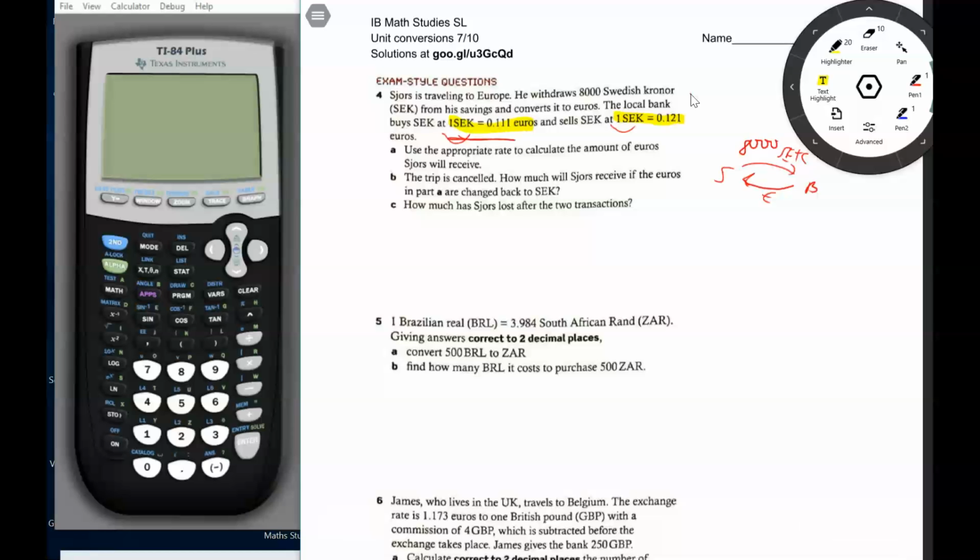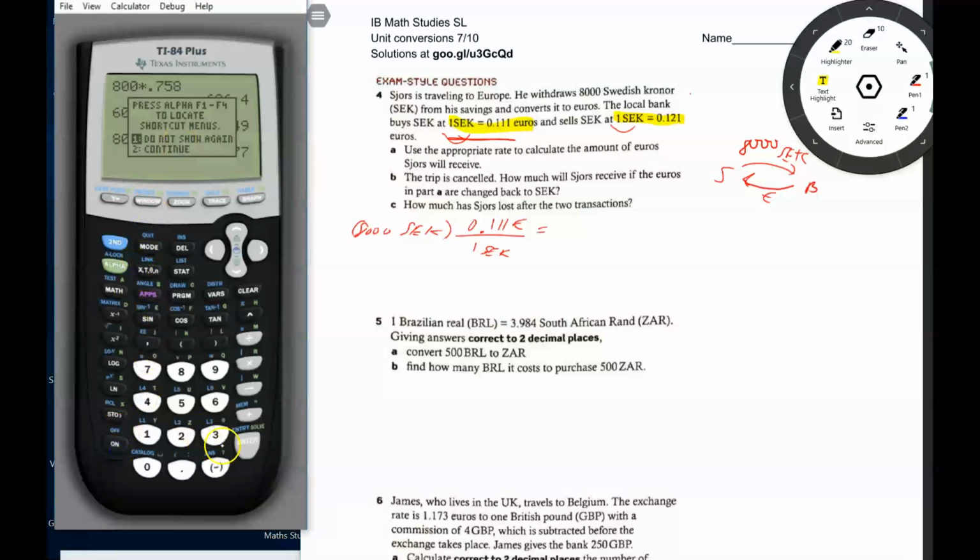So we're going to start with 8,000 SEK. And we're going to multiply that times the domino, which is going to be 1 SEK on the denominator, and 0.111 euros in the numerator. And then let's turn on the calculator.